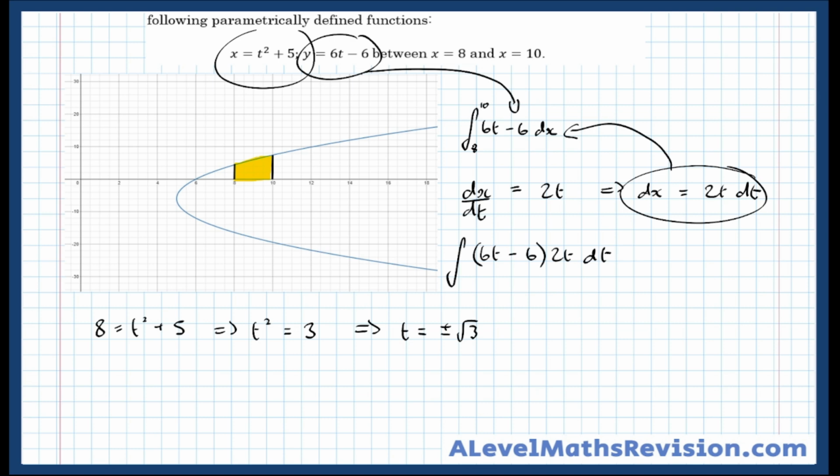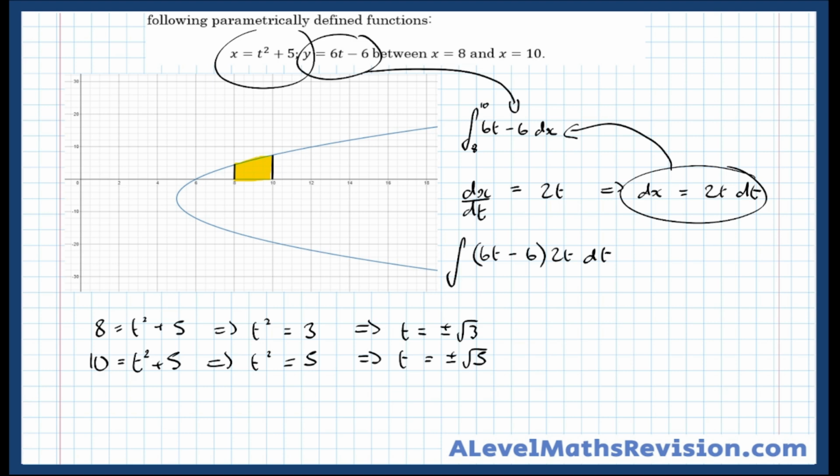And we'll have to decide which limit t is equal to in a second, whether it's plus root 3 or minus root 3. Let's try it again for the other one though. So we've also got that 10 equals t squared plus 5, which means that t squared equals 5, which means that t equals plus or minus root 5.